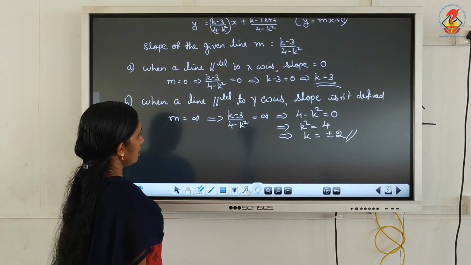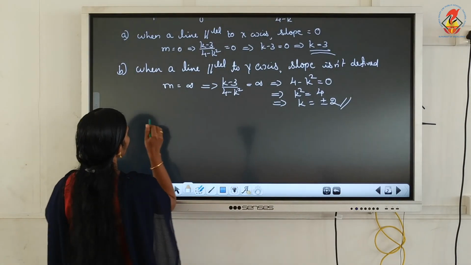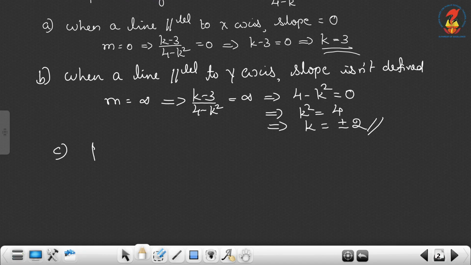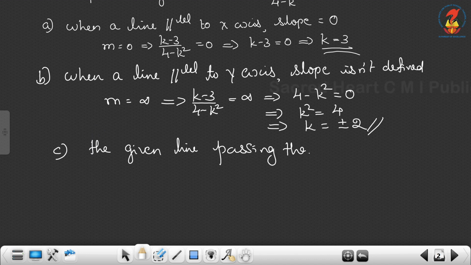So the third subdivision is: the given line passing through the origin, coordinates 0, 0.